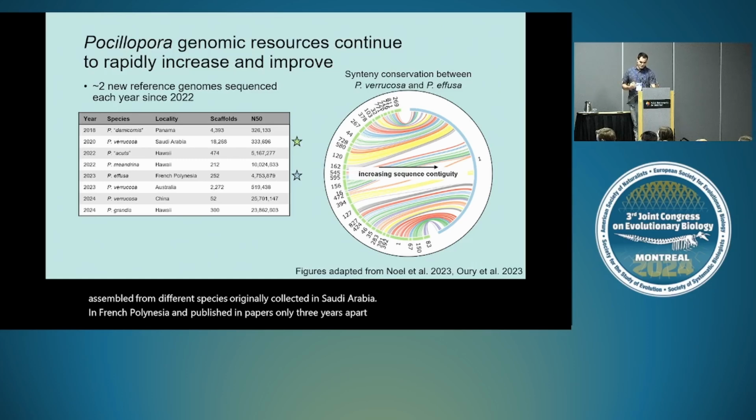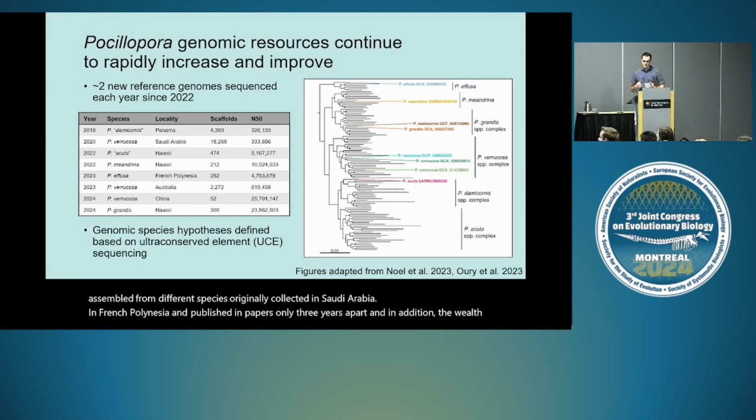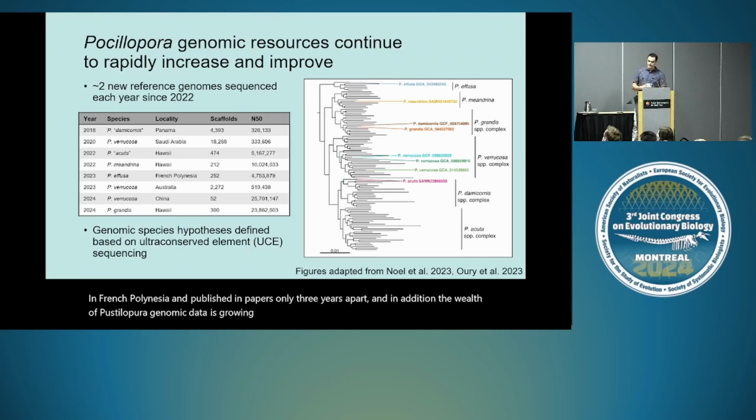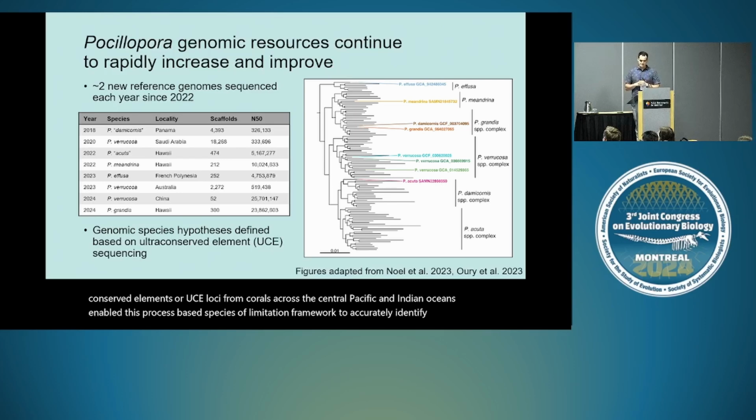And in addition, the wealth of Pocillopora genomic data is growing exponentially, and recent sequencing of ultra-conserved elements, or UCE loci, from corals across the Central Pacific and Indian Oceans enabled this process-based species delimitation framework to accurately identify genomic species hypotheses that are now being used to rectify these taxonomic problems.